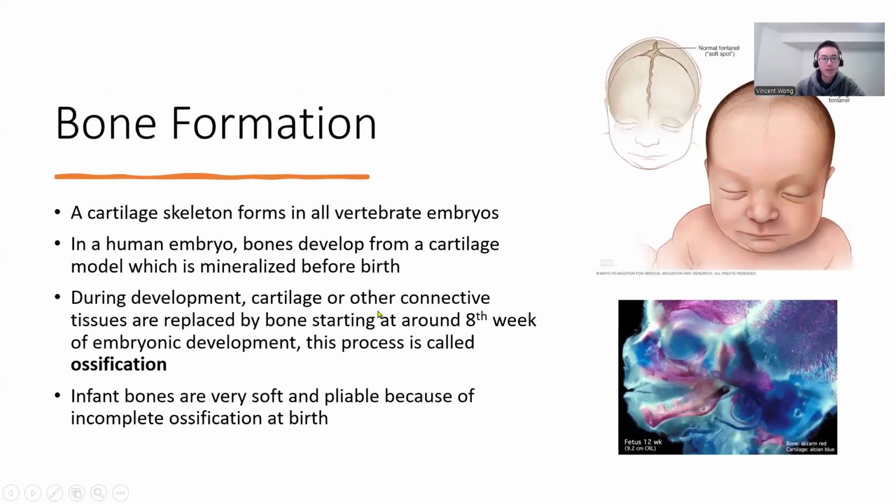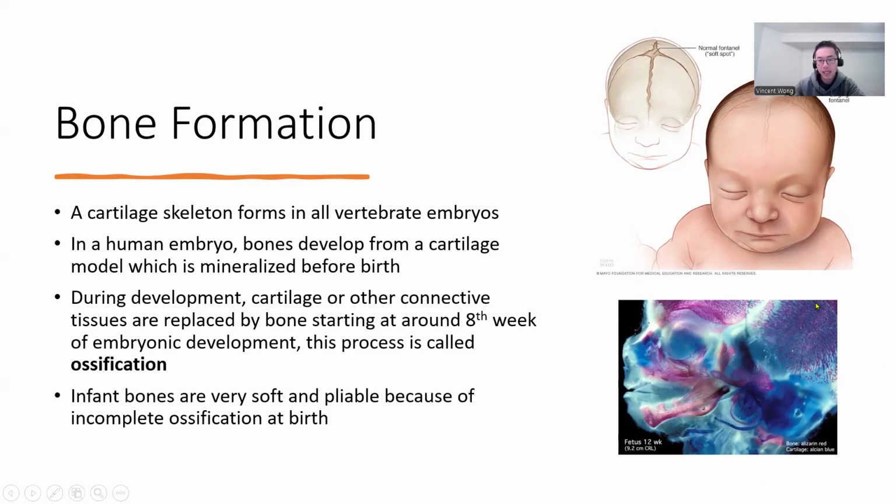Bone formation. Bones were not always bones. In embryonic development, you actually begin with cartilage. In this picture, this is a 12-week fetus, and the bones are stained red, whereas the cartilage is stained blue.